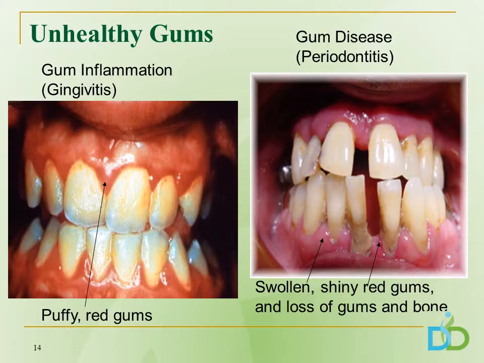There may be spaces between the teeth that were not there before. Teeth may become loose. Plaque and tartar may be visible, and there could be draining pus. What's important to note is that periodontitis is usually called a painless disease. It's not really causing any pain until it's very severe. The damage of periodontitis is not reversible.